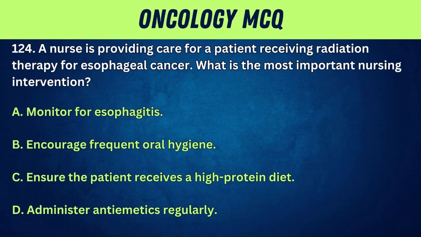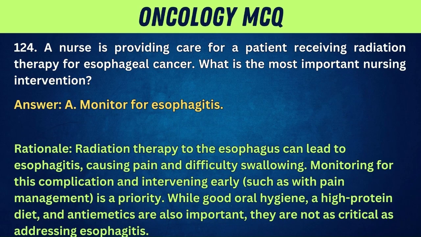124. A nurse is providing care for a patient receiving radiation therapy for esophageal cancer. What is the most important nursing intervention? A. Monitor for esophagitis. B. Encourage frequent oral hygiene. C. Ensure the patient receives a high-protein diet. D. Administer antiemetics regularly. Answer: A. Monitor for esophagitis.